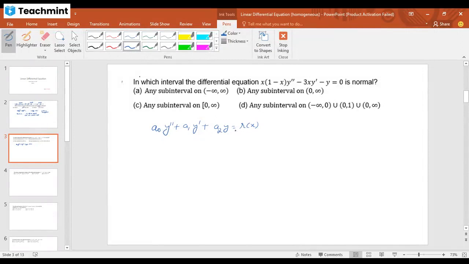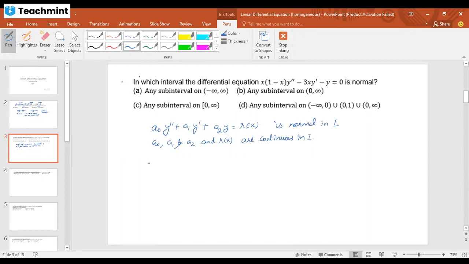Then we can say that the differential equation is normal in some interval I if the coefficients a0, a1 and a2 and including the non-homogeneous part, that is a0, a1, a2 and R(x), all these functions are continuous. They should be continuous in the interval I.